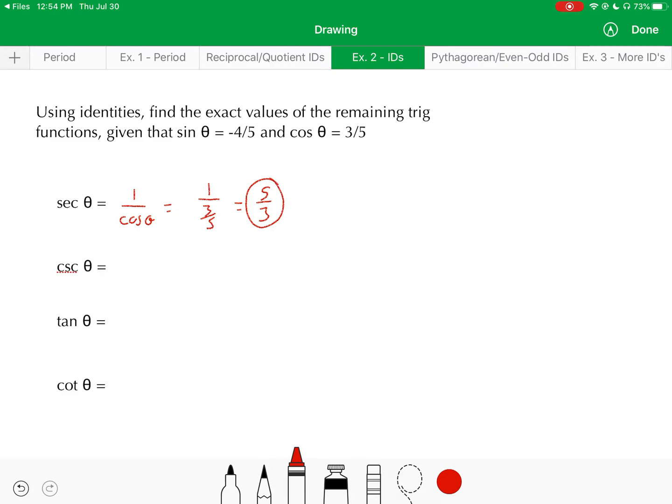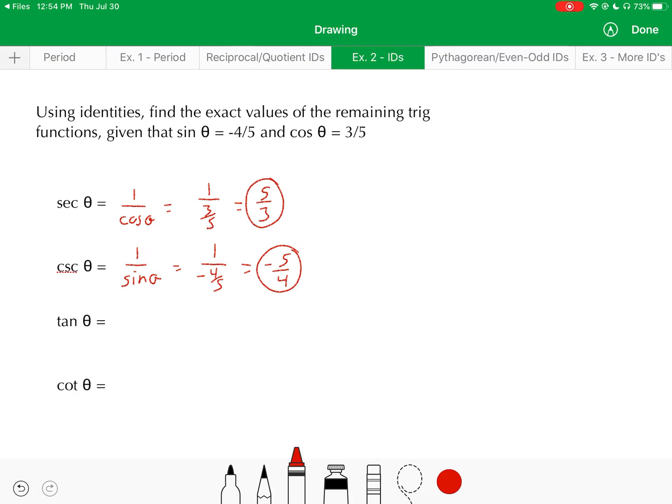Of course you wouldn't necessarily have to show all that work. You can just jump right to the reciprocal and give 5/3. It would be the same reasoning for cosecant. That's 1 over sine, or 1 over -4/5 in this case, so that's going to become -5/4.